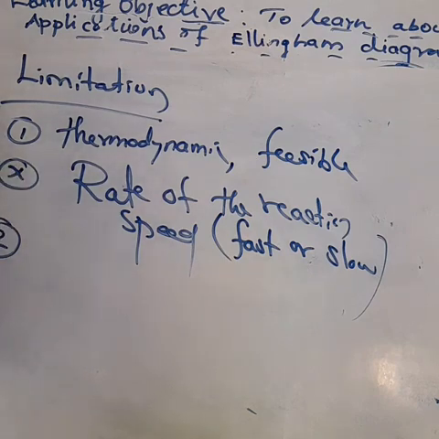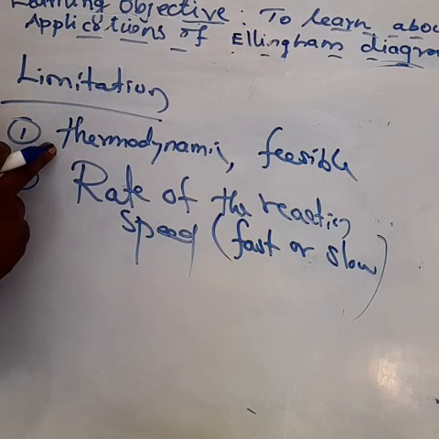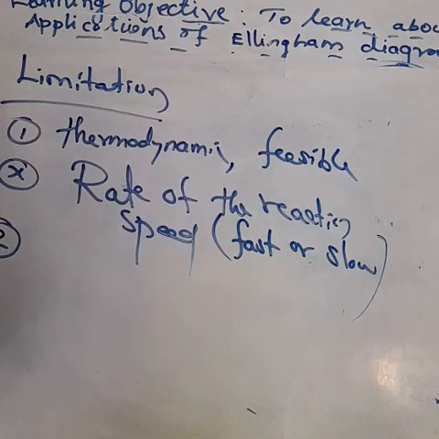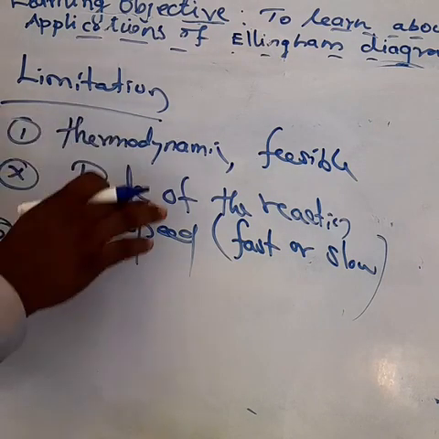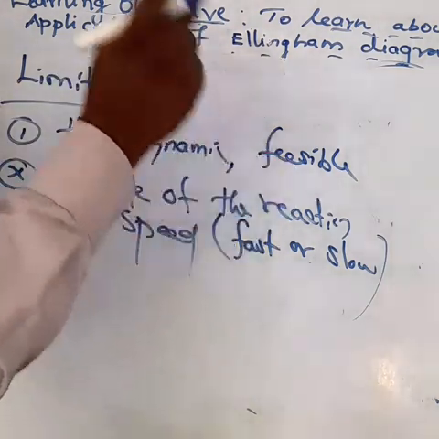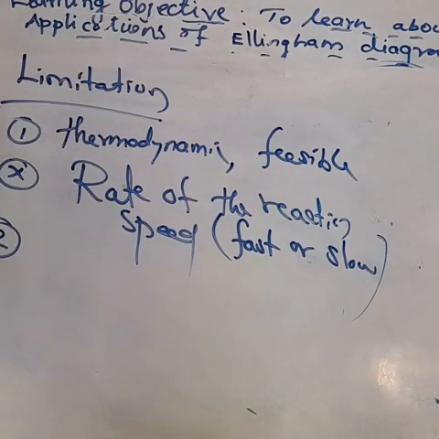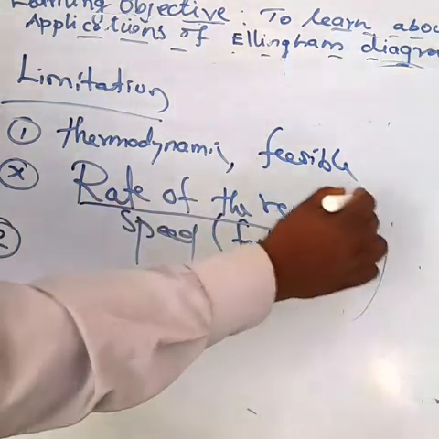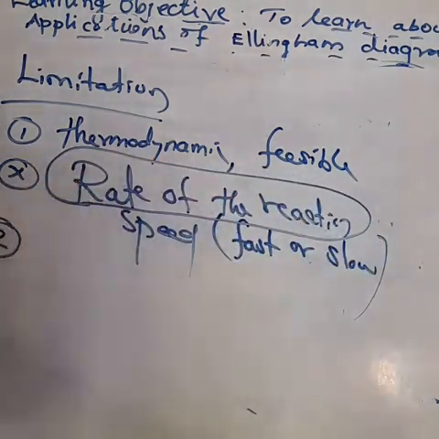Can you understand? So what is the first one? It is based on thermodynamic consideration. It gives the information about thermodynamic feasibility. It does not tell anything about the rate of the reaction.